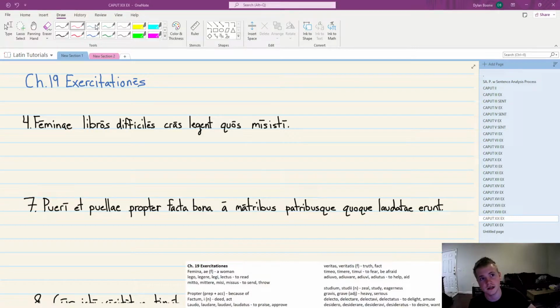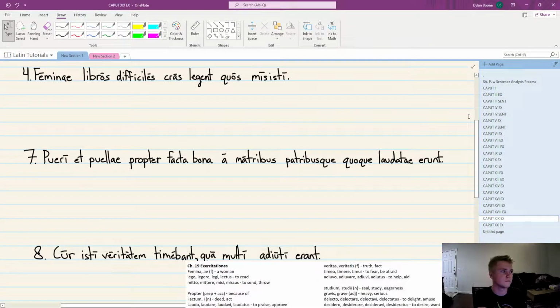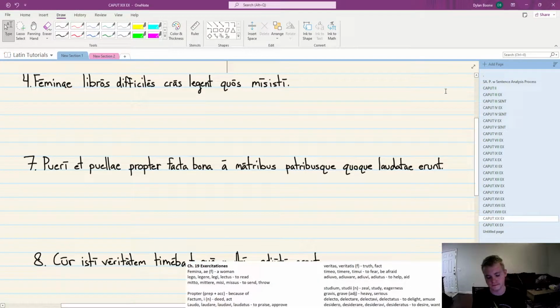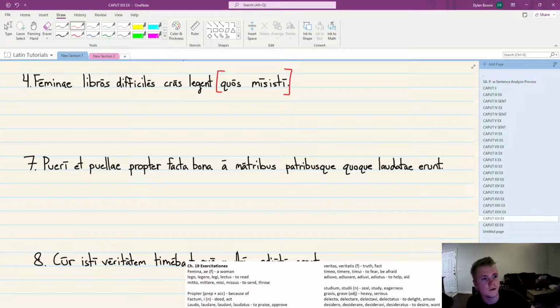So starting with number 4, go ahead and bracket off this relative clause. Worry about that later. We have legent, cras. At the start of the sentence, we have feminae, we have libros.